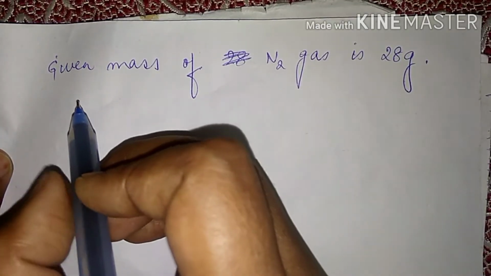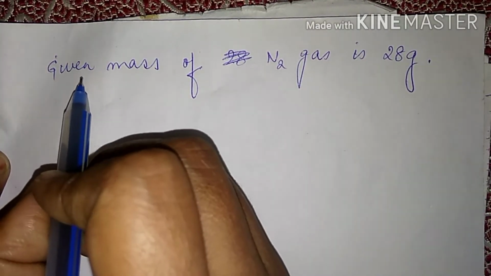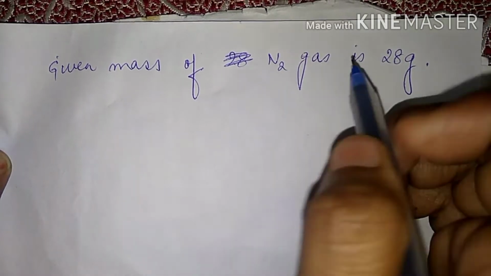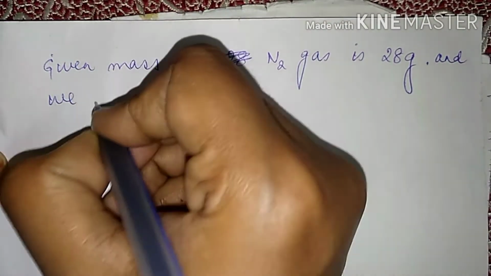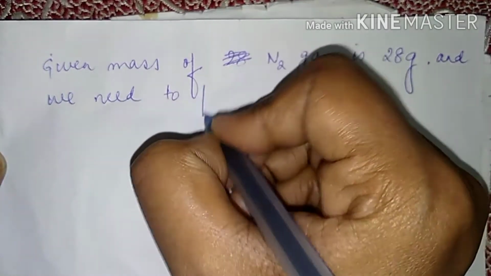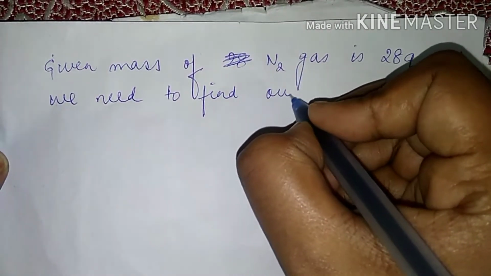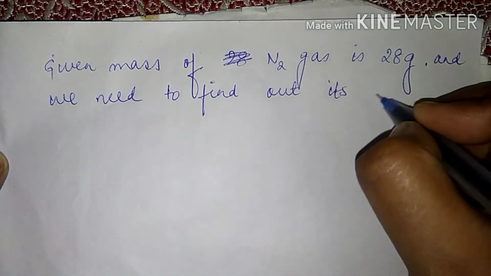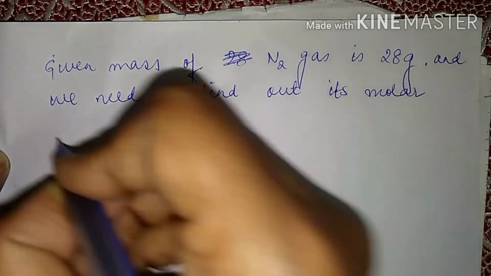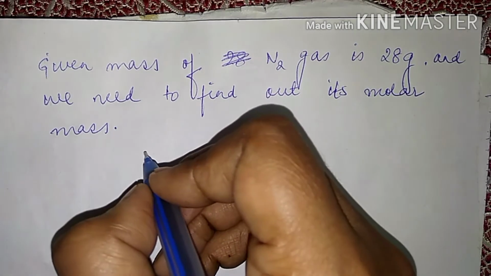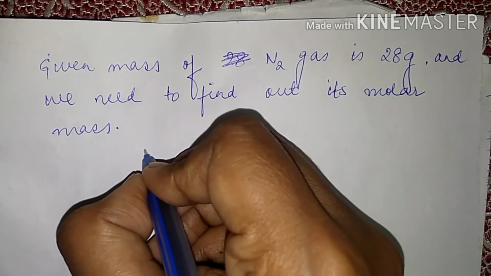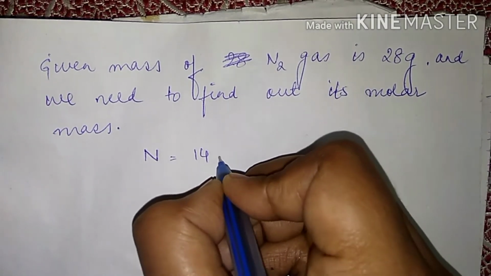In the example of the number of moles, we can state that the given mass of nitrogen gas is 28 grams and we need to find out its molar mass. We know that the molar weight of one atom of nitrogen is 14 grams.